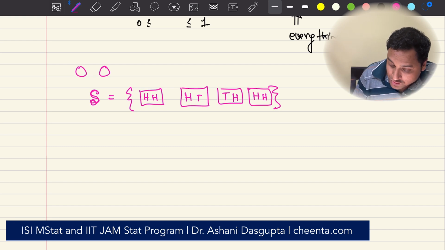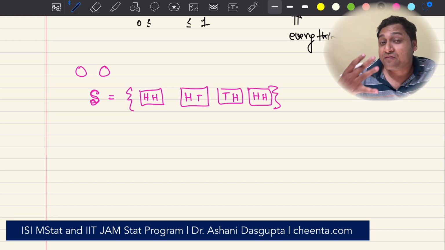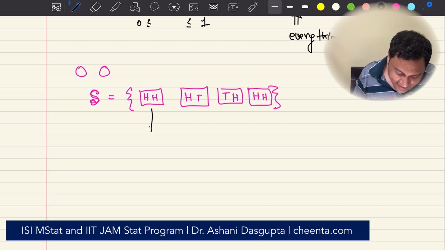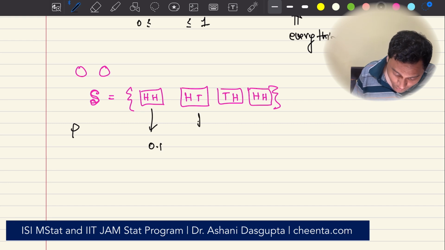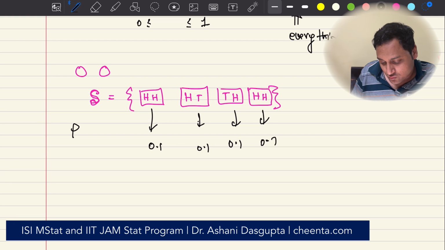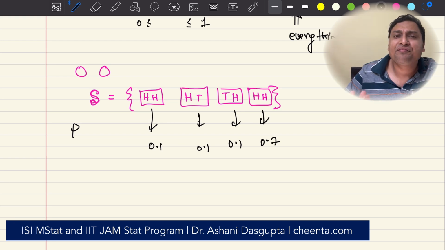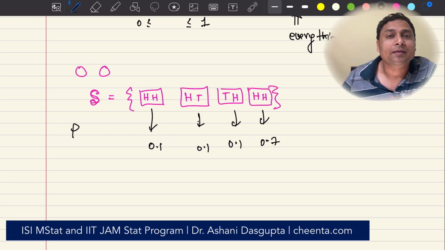Now, what you could do, and this can very well be possible, you could say, okay, the probability function assigns the value 0.1 to this, 0.1 to this, 0.1 to this, and 0.7 to this. That's a perfectly normal probability distribution, probability function.